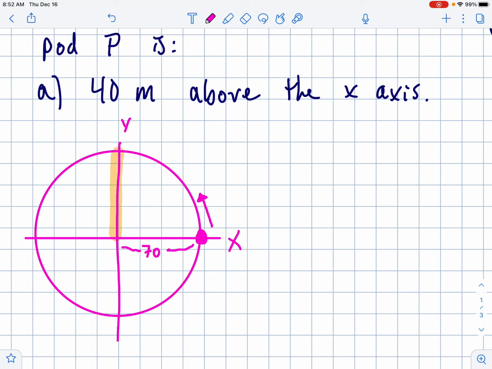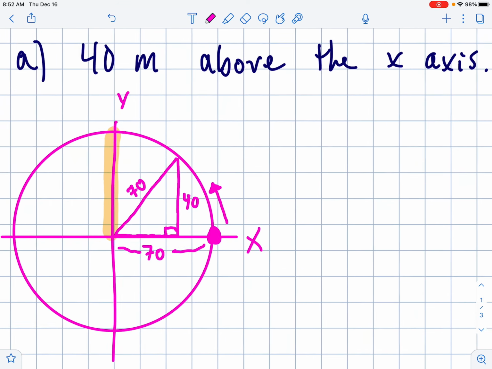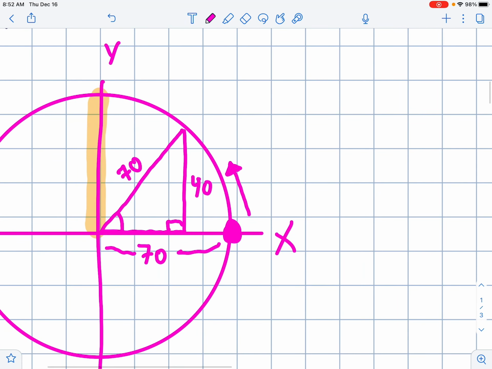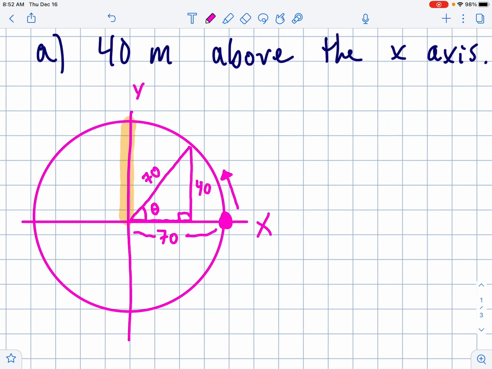So somewhere in between 0 and 70 is going to be a 40. So it'll probably happen somewhere around here. It's not necessarily halfway or anything like that. We don't really know how far it is, but there will be a point where this is 40 and then this radius is 70. The theta that we are looking for is connected to the x-axis. It's right here. This is the theta.